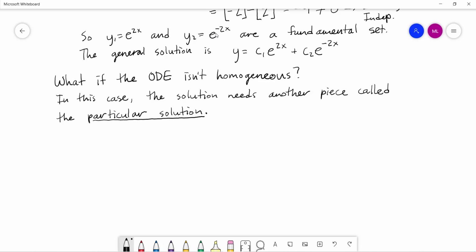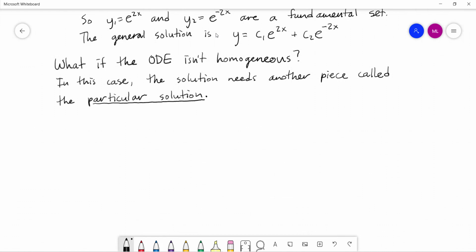So it's going to be another thing that will solve a different part of the equation. So think about how it's going to be set up. What we'll get in this case is our solution will look like this. It will look like y is equal to y homogeneous plus y particular.